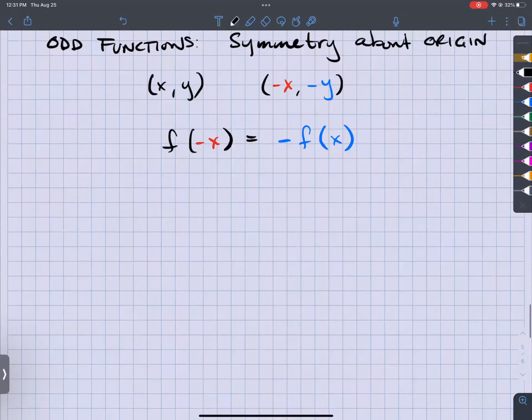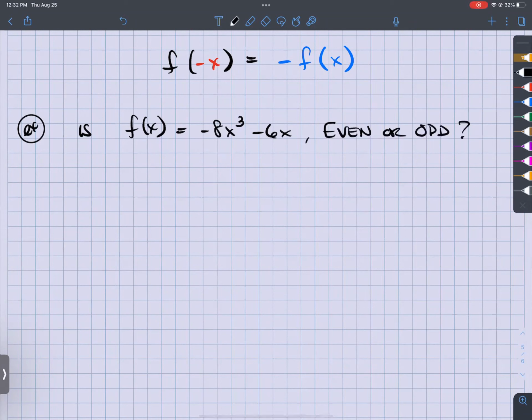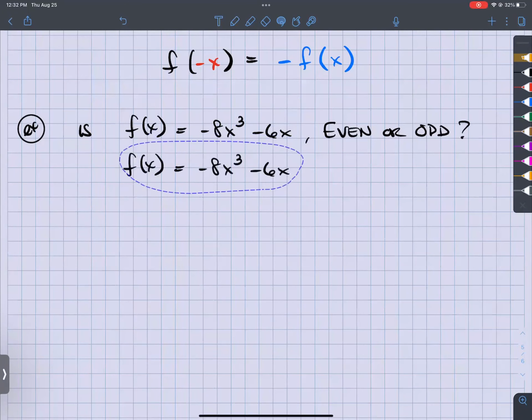So let's say the question is, I'm given the f of x, and I have to find out if it's even or odd. So here's the first thing I would do.